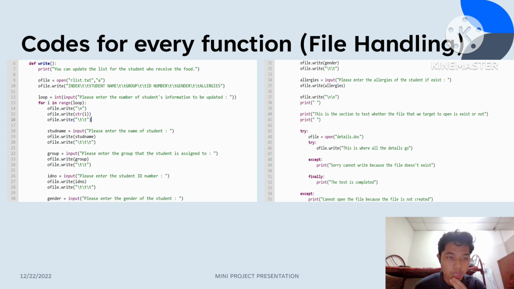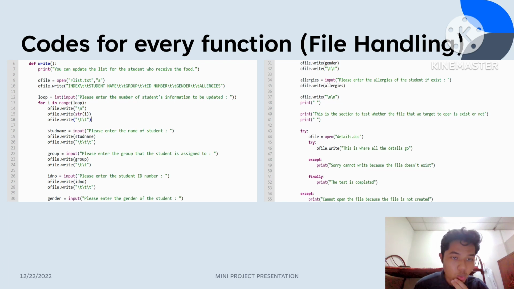and then looping. We use the variable loop equals int input, asking the user to enter the number of student information to be updated. Then we use for i in range to implement the looping.